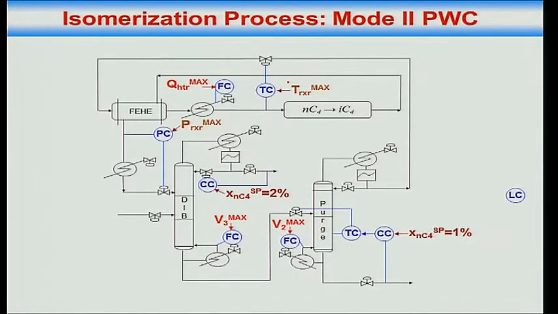So in the purge column, the pressure and the level of the reflux drum. I said there were 8 active constraints, right? Are there 8 active constraints here? 1, 2, 3, 4, 5, 6, 7. Where is the 8th one?